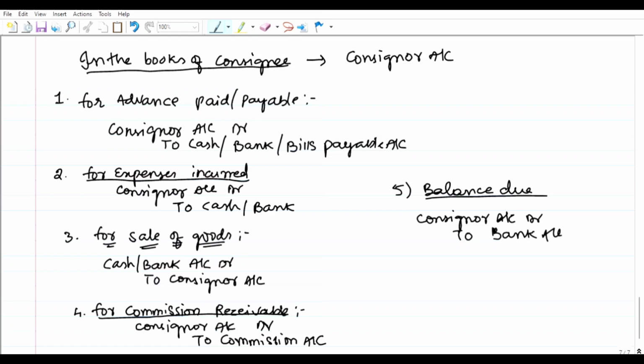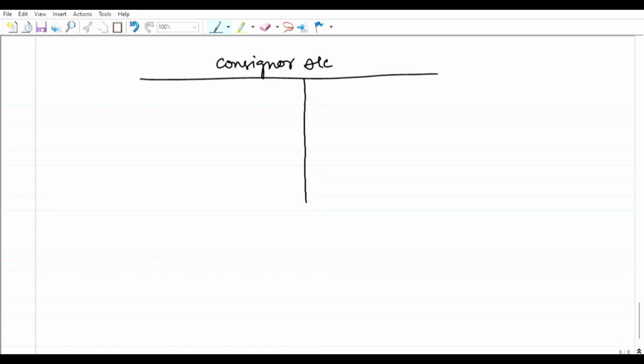Now let us see how he will make the account. So, consignor account. For the first one, for the advance payable, consignor account to cash or bank or bills payable account.